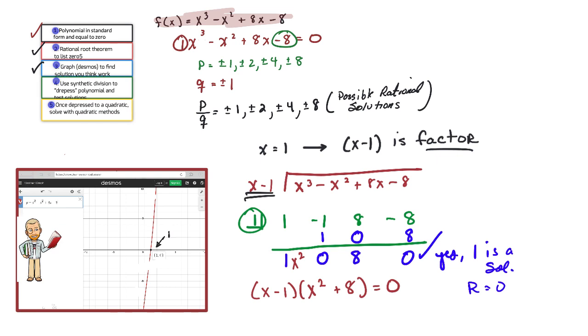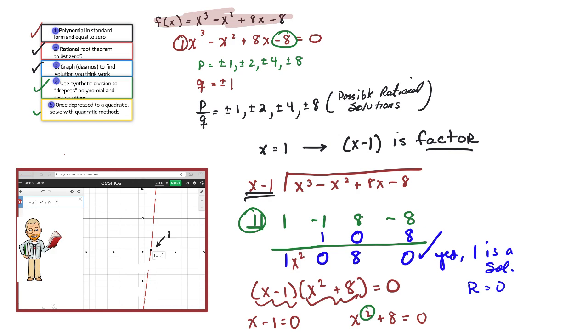Now, this factor right here, we can actually treat as a separate equation, because once it's factored like this, you set each factor equal to 0. That gave us x is 1. And this one equals 0. We can solve that now. This is what I say, solve with these quadratic methods, because this is a quadratic equation.